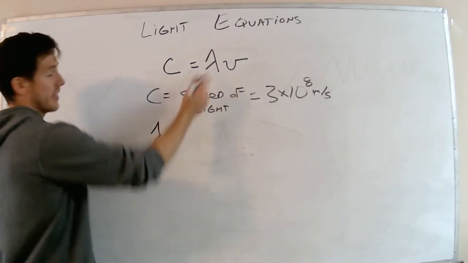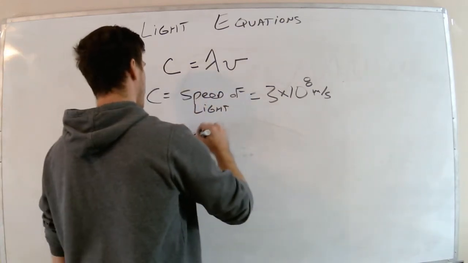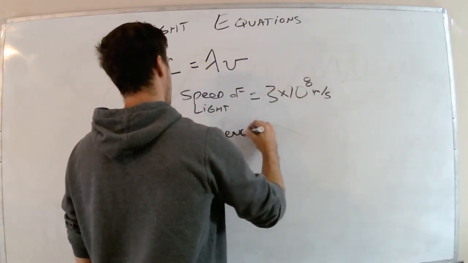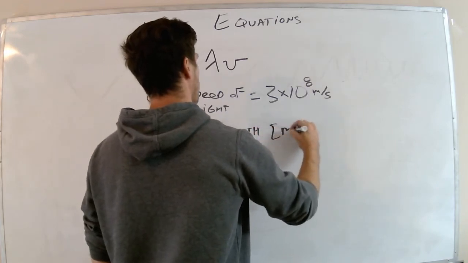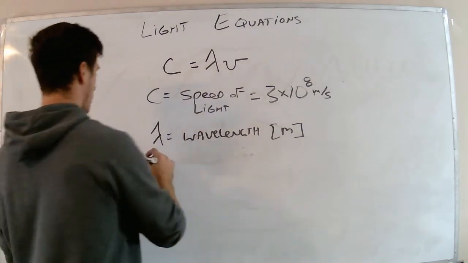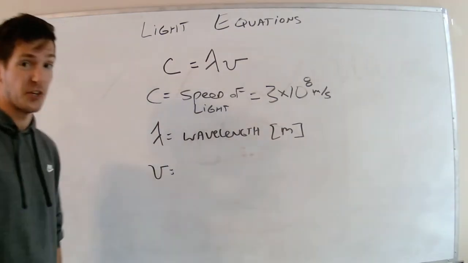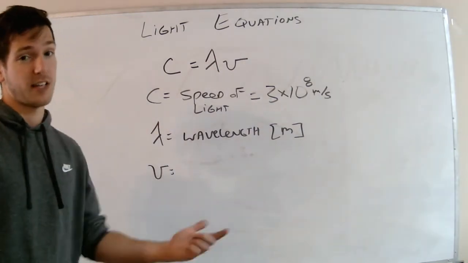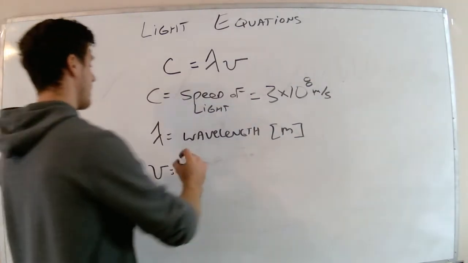Lambda, Greek sign for lambda, looks like the giraffe, right, is wavelength, which is measured in meters. And then v, or nu, it's really the Greek letter nu, but I'm going to say v, okay, because that's what it looks like for simplicity's sake, is the frequency.